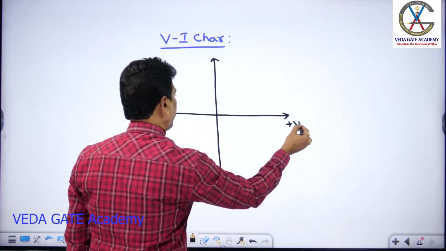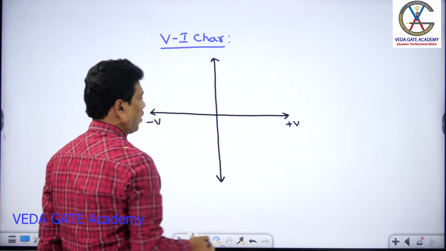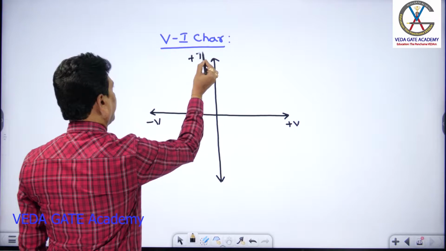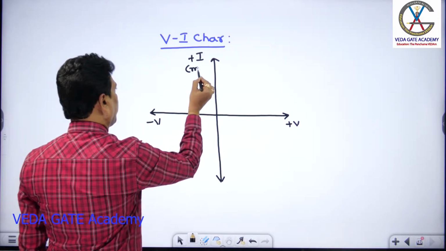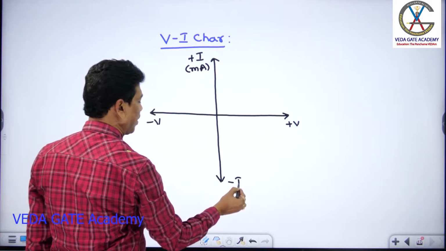Plus V, minus V: plus indicates forward bias, minus indicates reverse bias. Plus I is the current in forward bias, minus I is the current in reverse bias.